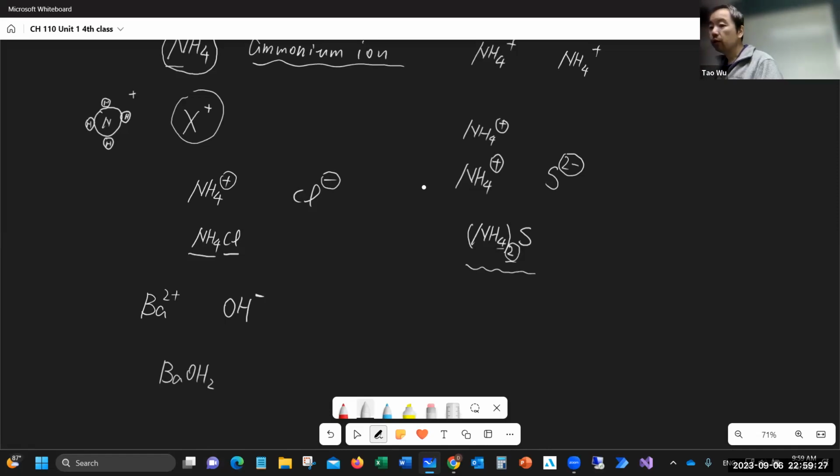If you write like this, what does that mean? Everyone think about it: in this case, I have 1 barium, 1 oxygen, and 2 hydrogen, right? But you should write a barium and 2 hydroxide, and in 2 hydroxide you should have 2 oxygen and 2 hydrogen. So definitely this is not correct.